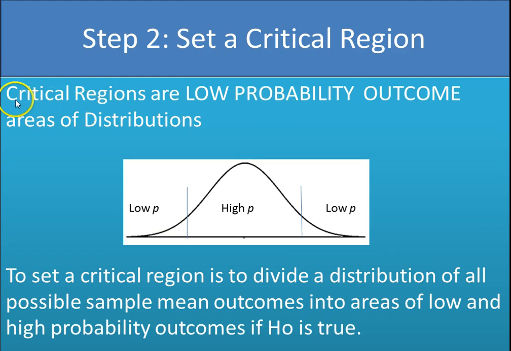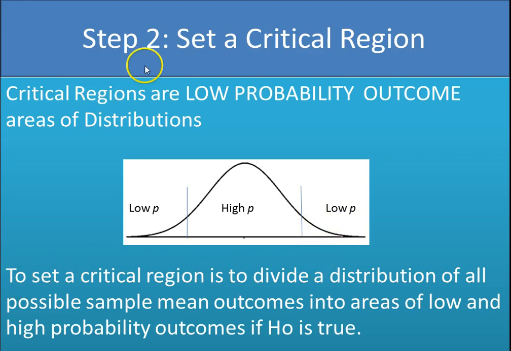Critical regions are, by definition, low probability outcome areas of distributions. So these low probability areas of the distribution are what's referred to as critical regions.